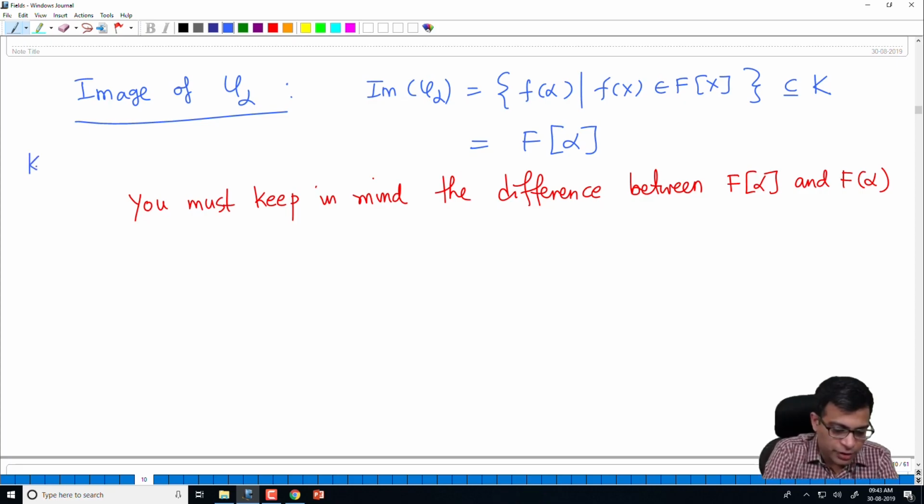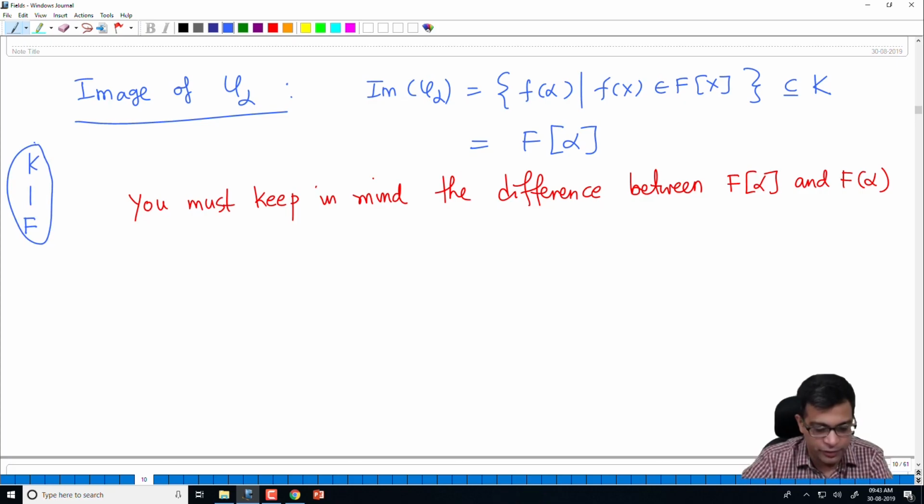All this is, again I am repeating this, with respect to a particular given field extension. F square bracket alpha is all such things. F round bracket alpha is not just polynomials but ratios of polynomials.